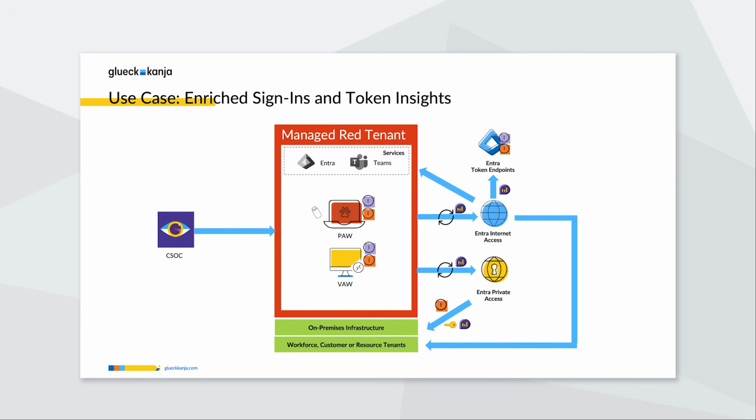And once again, when we're talking about Entra Private Access, there are also tokens in the game. And when we have access to a resource tenant, for example a workforce tenant, my resources that I like to manage in Azure, once again there are tokens involved, and I also have my signals from the connected tenants. Yeah, this is really interesting. So we correlate cross-tenant logs in this scenario.